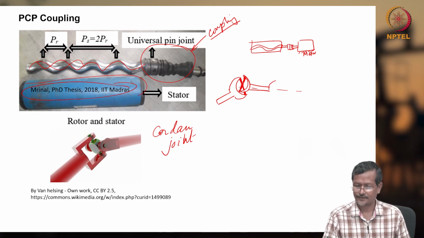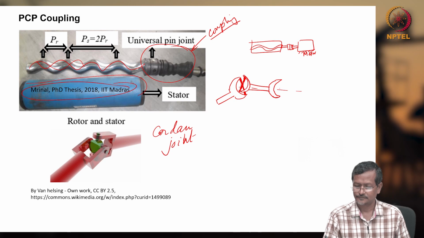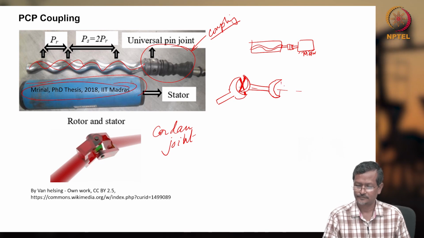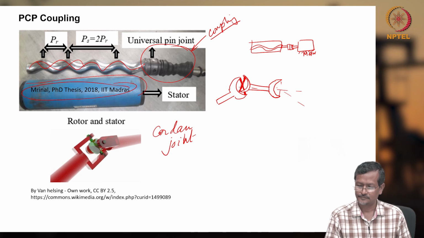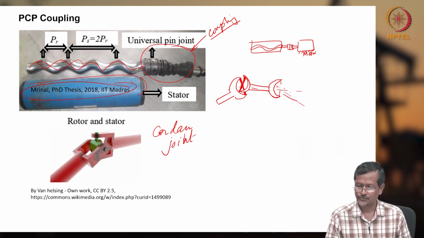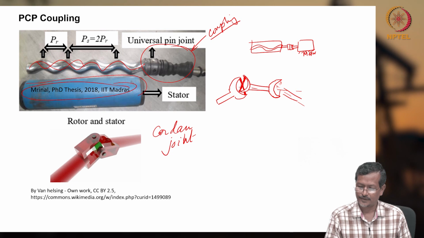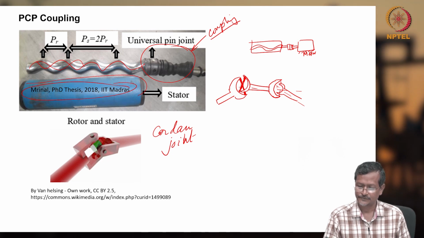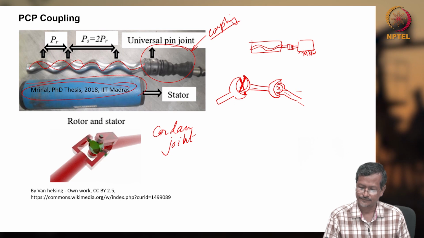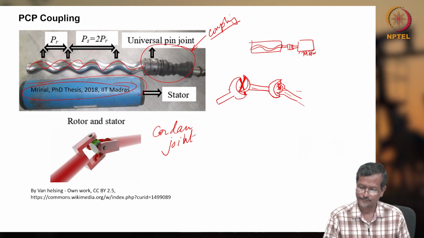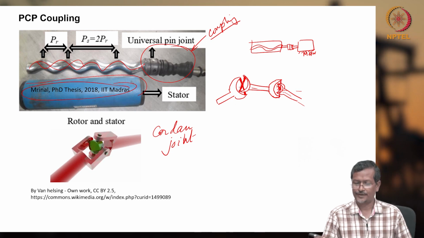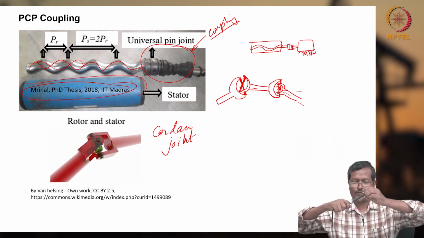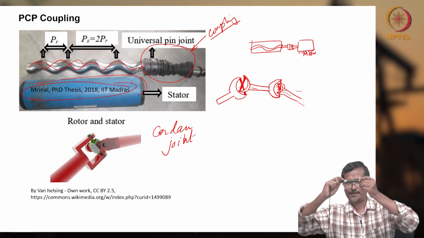Now, I will have here another. So, both can be rotating, but both can make an angle, rotating, but both can make an angle.